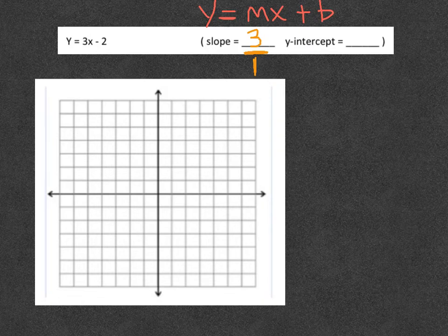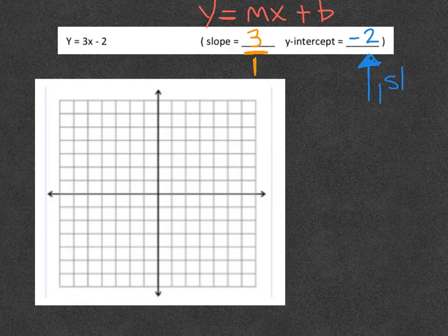Then after 3x, it says minus 2. Minus 2 is in the same position as b, so my y-intercept is going to be negative 2. Once you know these two pieces of information, that's all you need to graph your equation. Your first step is I'm going to start with my y-intercept.